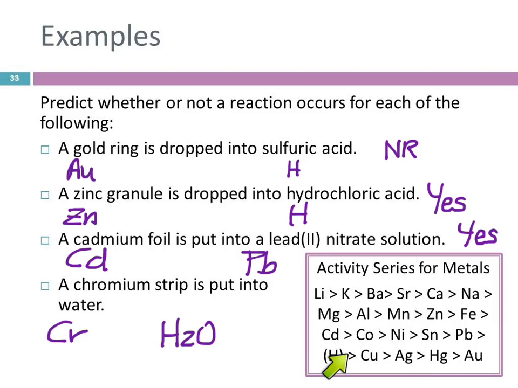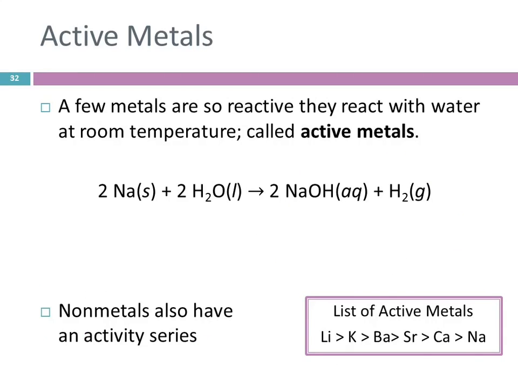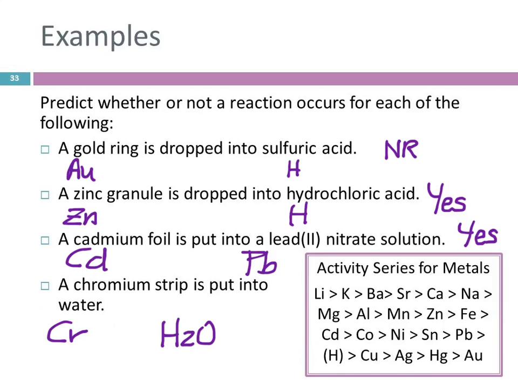It predicts which will react with acid. What do we need to predict if something's going to react with water? We need that list of active metals. So if we go back here, this list of active metals, is chromium on that list? No. If it's not on this list, it's not going to react with water. So chromium strip put into water, no reaction.